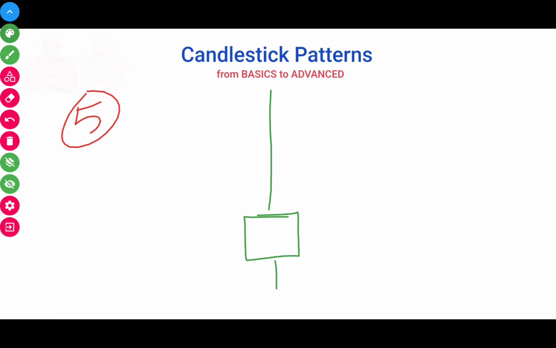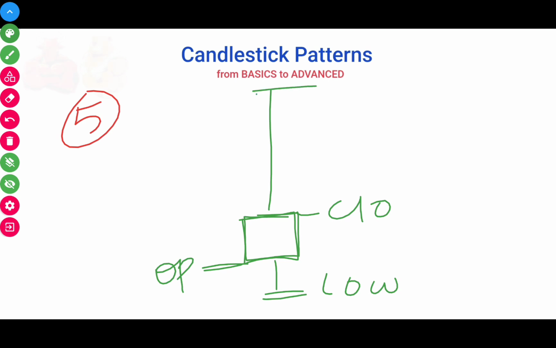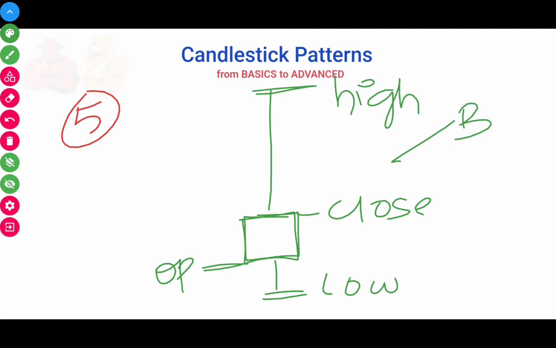And the fifth example is this candle. It opened here and it closed here. This is the low and this is the high. Comment only bearish or bullish.